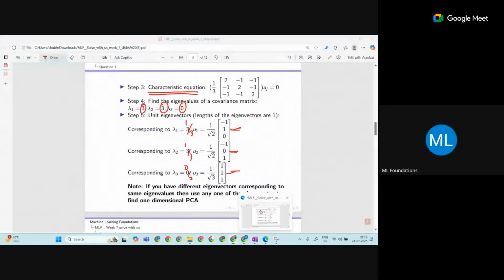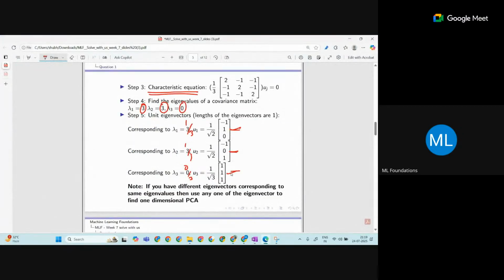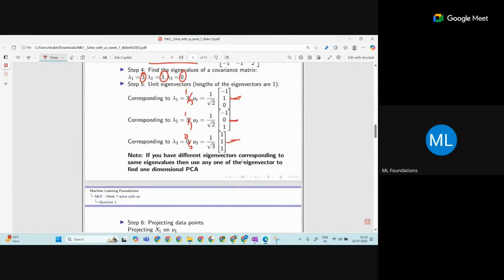So this is the eigenvector. The principle is: if you have two different eigenvectors corresponding to the same eigenvalue, then use any one of the eigenvectors to find the one-dimensional PCA, because there is no information given in the lecture about which one to choose when the same eigenvalue has different eigenvectors. So here you can choose any of the eigenvectors.